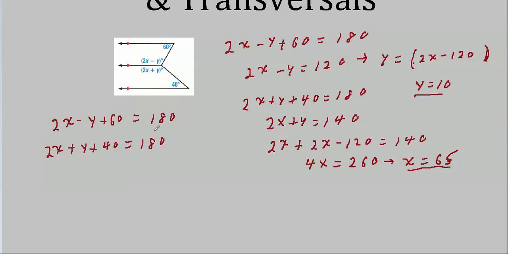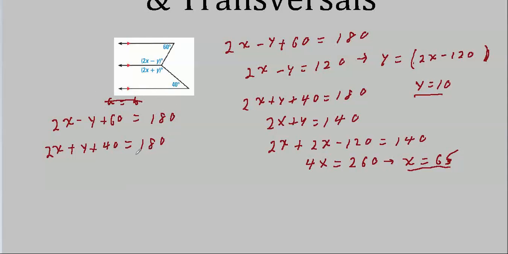Suppose we add the two together. After all, if this was a equals b, then I could add a to this side and b to this side, couldn't I? Yes, I could. You don't have to answer that. That's definitely okay to do. So, if I add these two, what do I get?